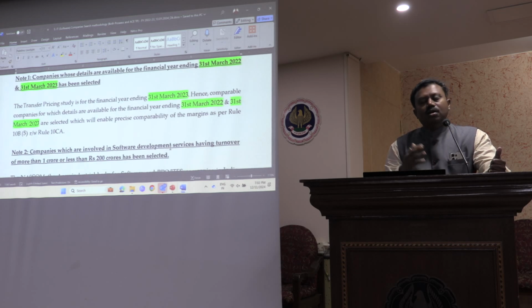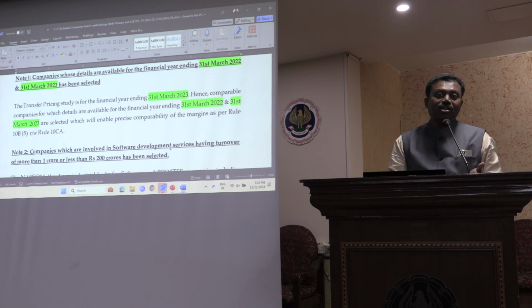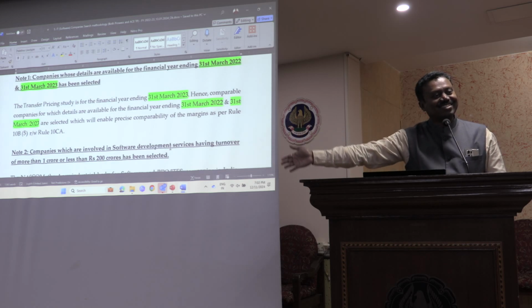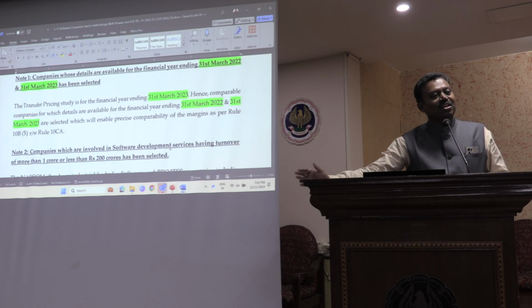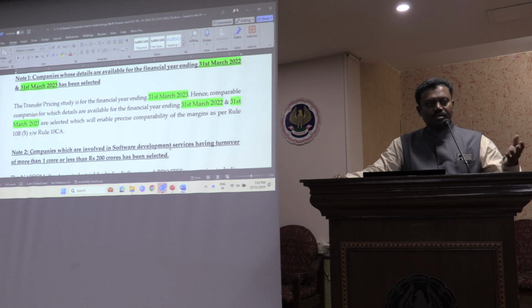Even with that, there is litigation, because they go on to tell sufficient companies are not there for comparison. So that is why all this exists. No, I have to arrive at my median. So for that I am asking, is there any minimum criteria?